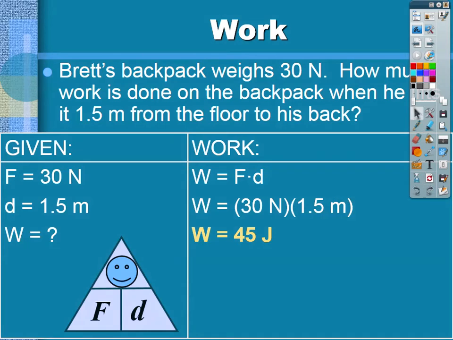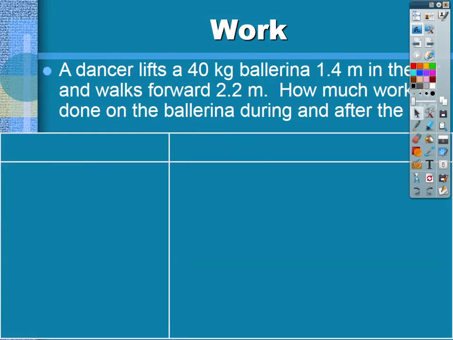If we do another quick one. A dancer lifts a 40-kilogram ballerina 1.4 meters in the air, and then holds her up and walks forward. So they're holding her straight up, force pointing up, but then they walk forward for 2.2 meters. This is going to be a good example. How much work is done on the ballerina during and after the lift?